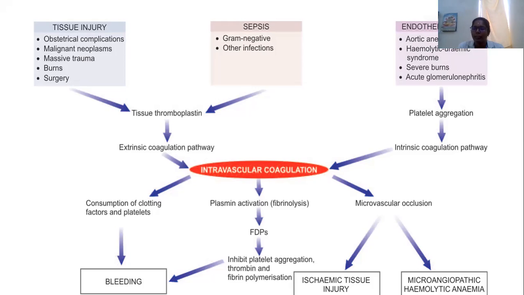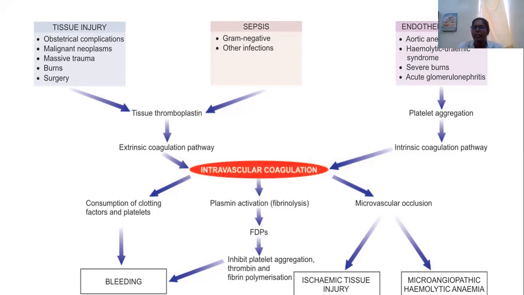That is the consumption phase, followed by secondary fibrinolysis, a protective mechanism in which fibrin is broken down, leading to fibrin degradation products. Sometimes it may lead to occlusion by microthrombi. The final result of DIC is that the patient can complain of bleeding, ischemic tissue injuries, and even microangiopathic hemolytic anemia.